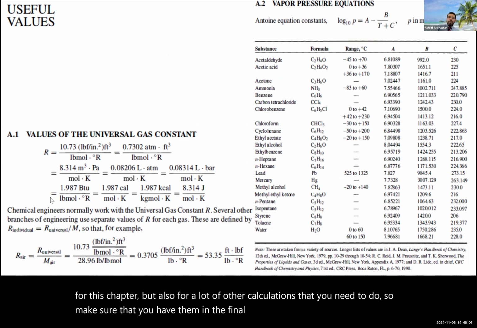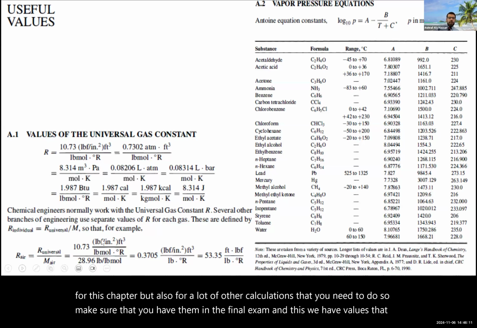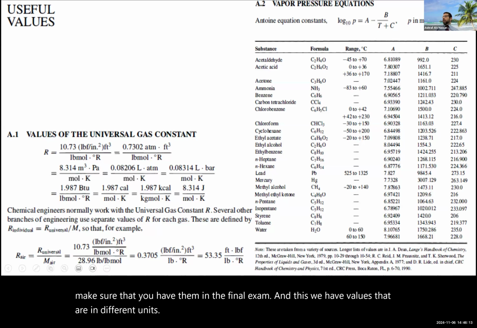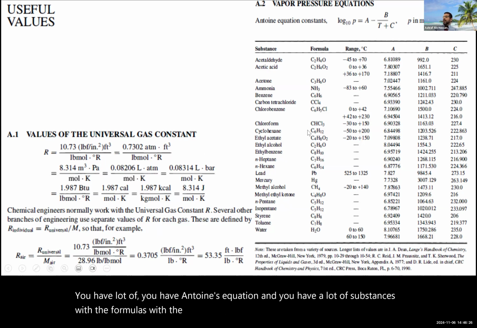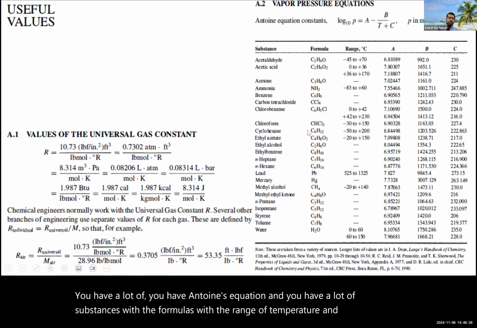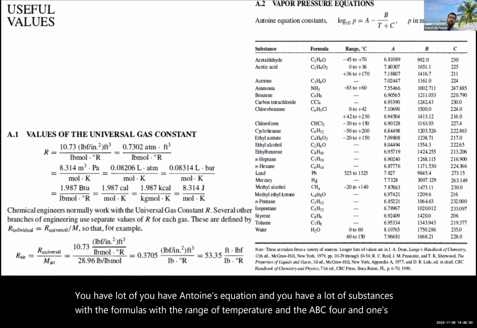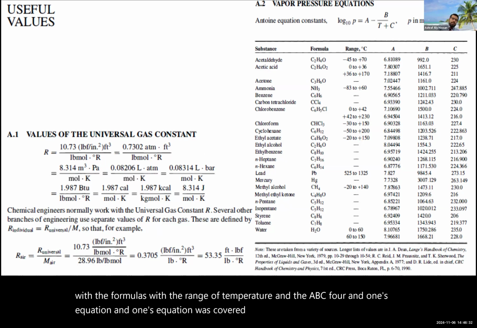In this, we have values that are in different units. You have Antoine's equation, and you have a lot of substances with their formulas, with the range of temperature, and the A, B, C for Antoine's equation. Antoine's equation was covered in the last video.